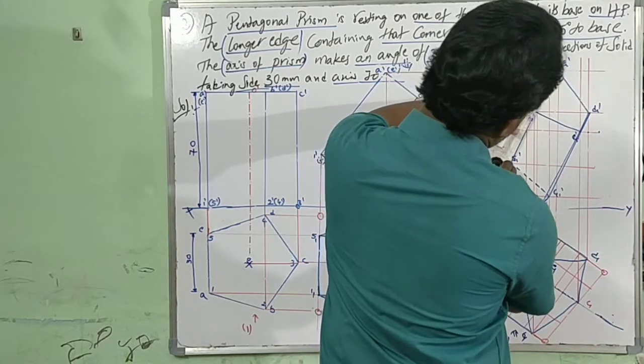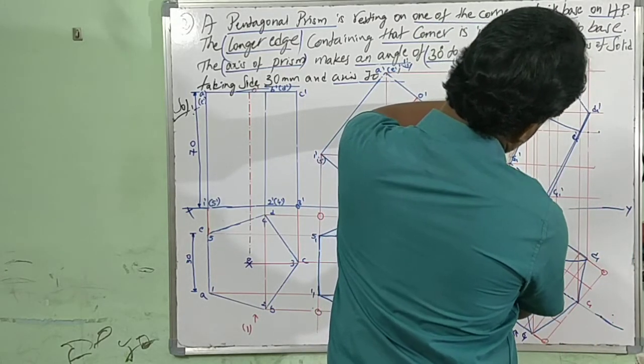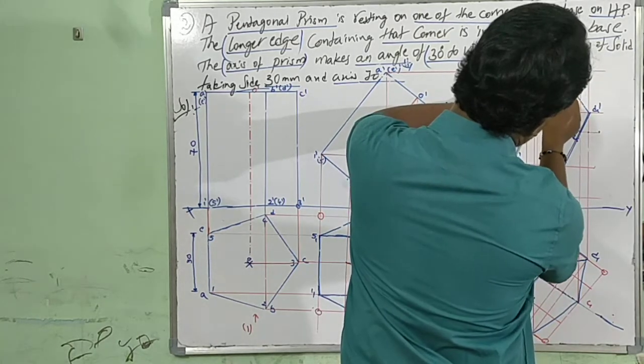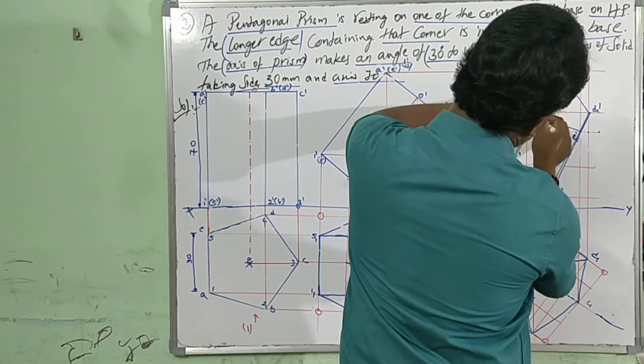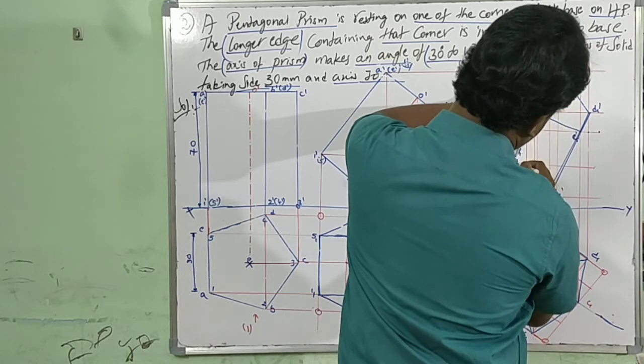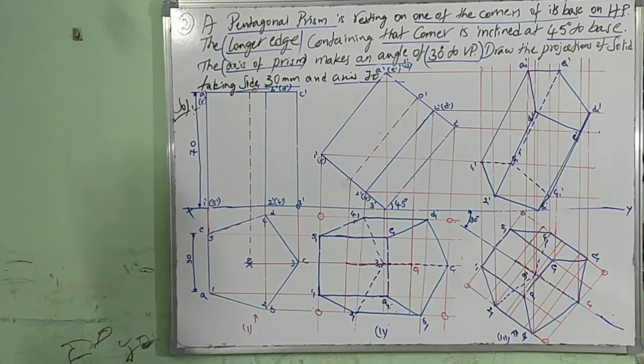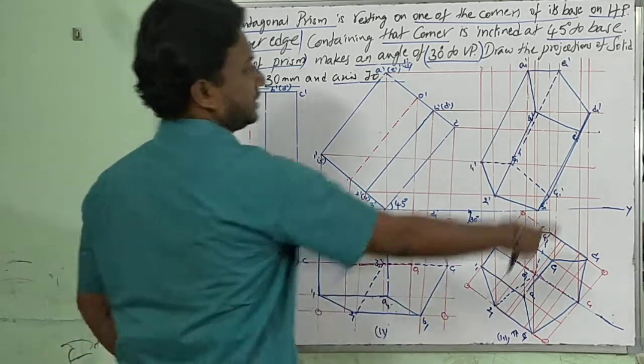Now next, E dash, phi dash, a hidden line. Three things will be outside, two things will be hidden. Please do consider this.